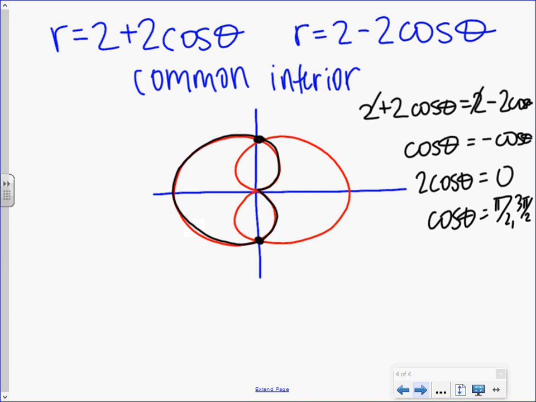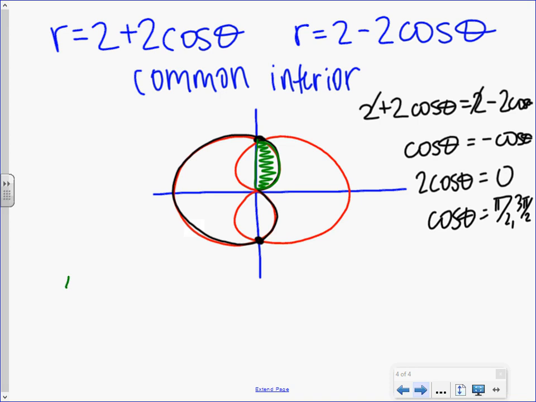Okay, so what can we do? Yeah, multiplied by 4. You couldn't do that if they were different, but we have some symmetry. Since these are 2 minus 2 cosine theta and 2 plus 2 cosine theta, this cardioid hump is the same as this right here, and the one above too. Those are all the same.